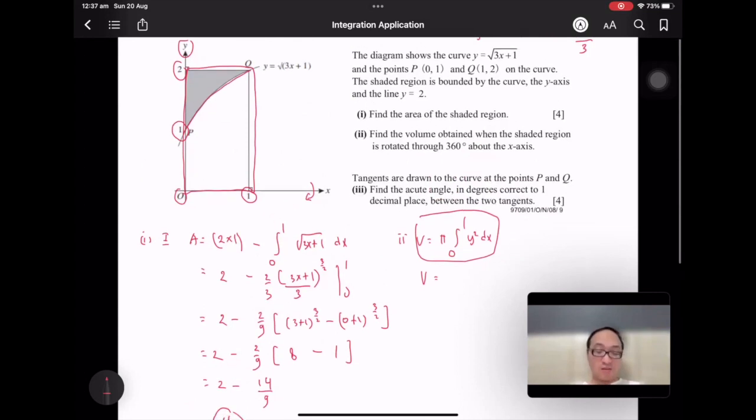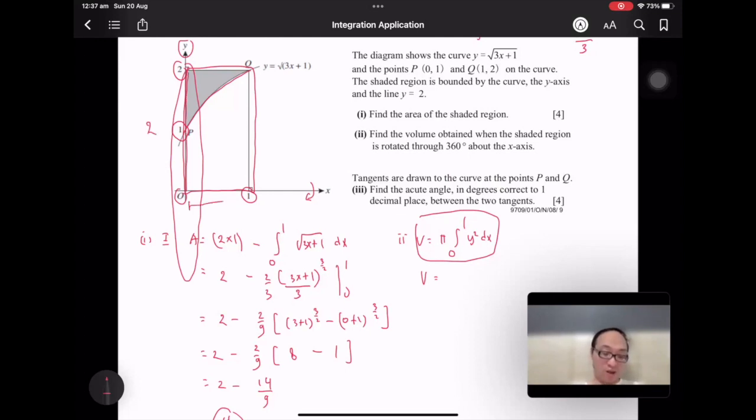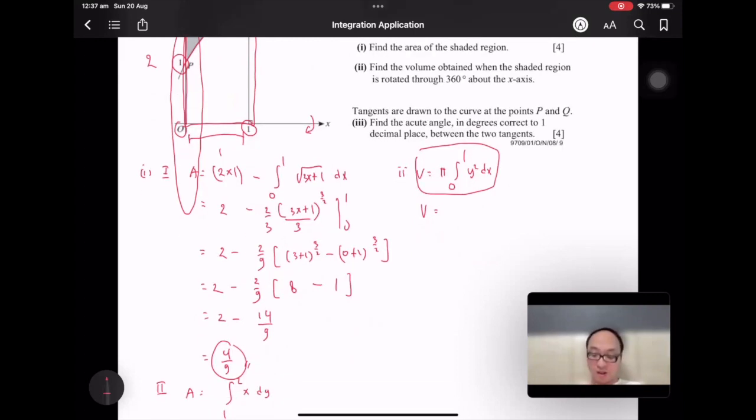The rectangle rotated through the x-axis will be a cylinder, with radius of 2 and height of 1. So this is cylinder pi r squared height minus pi integral 0, 1 y squared dx.